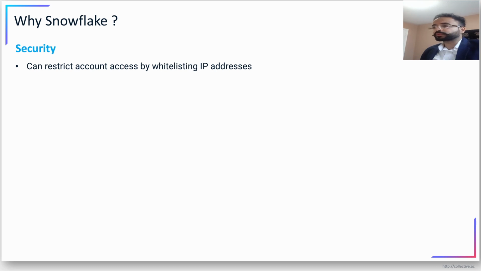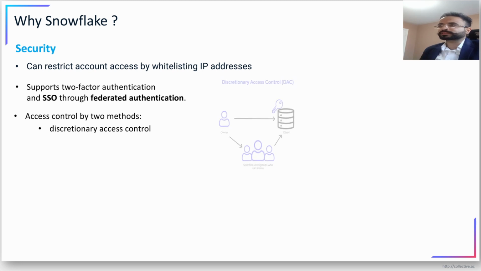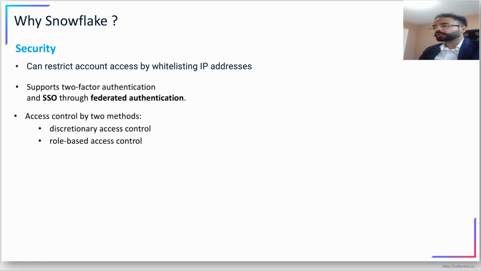Apart from that, Snowflake supports two-factor authentication and SSO, and the whole security mechanism is controlled through a hybrid model of discretionary access as well as RBAC, the role-based access model. With this hybrid approach, we have a significant amount of control and flexibility over the data objects we are working on.